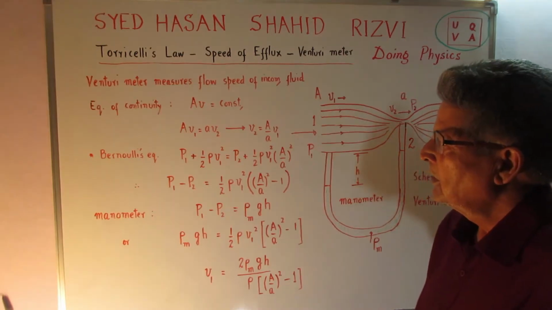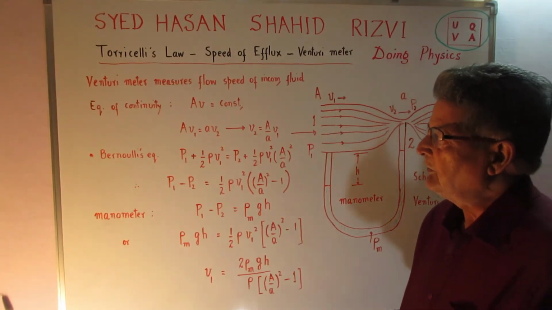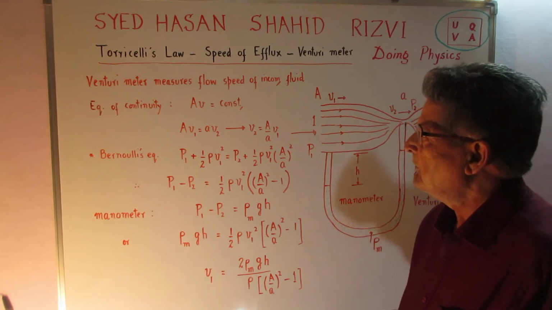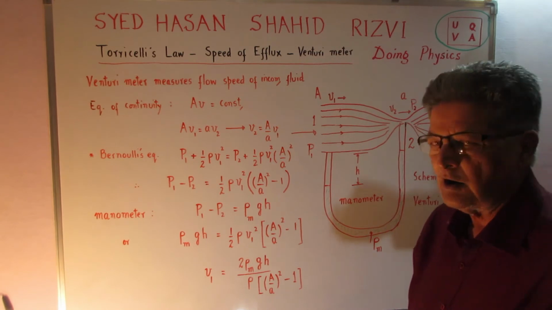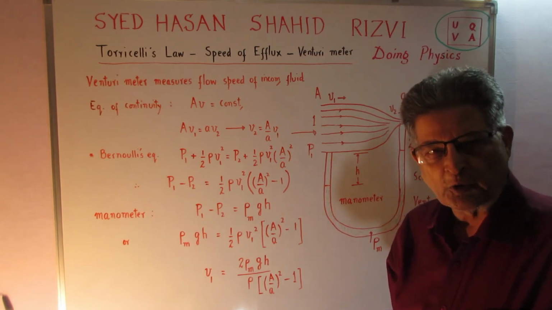Okay, so now we deal with the Venturi meter. A Venturi meter measures the flow speed of incompressible fluids.